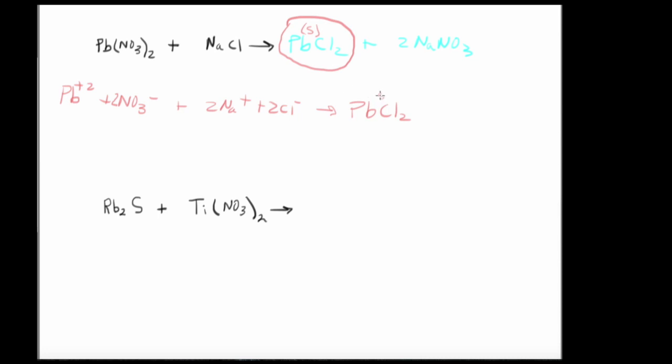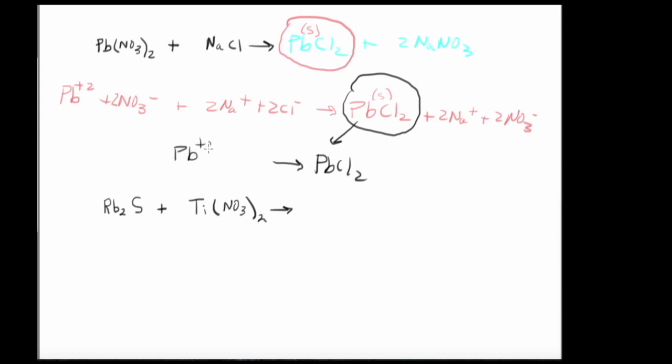This again is the solid, and then we're going to have 2Na+ plus 2NO3 minus. All right, and then again I'm going to pull down the solid for the net ionic. Pull that thing down, so it's going to be PbCl2. Put in an arrow, and then we're going to have Pb2+ plus 2Cl minus, and that's the correct balanced net ionic equation.